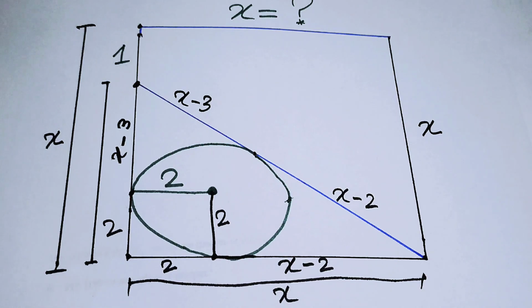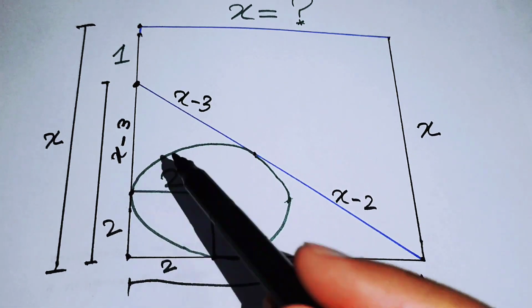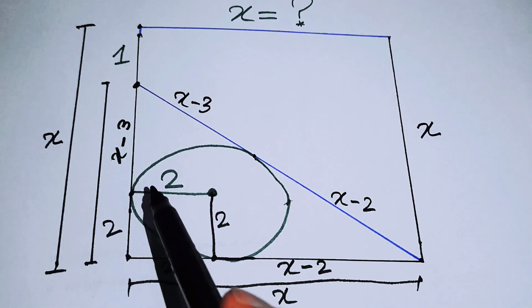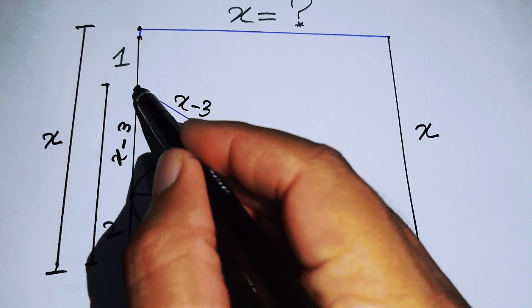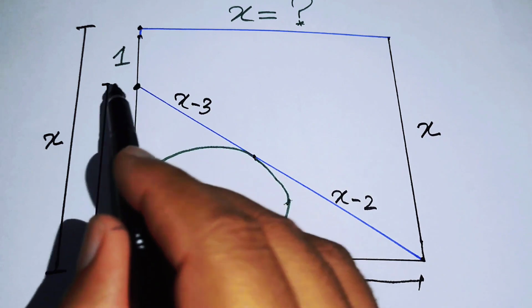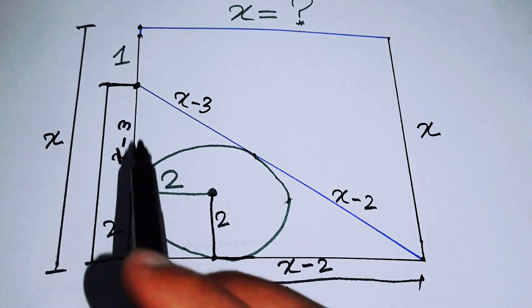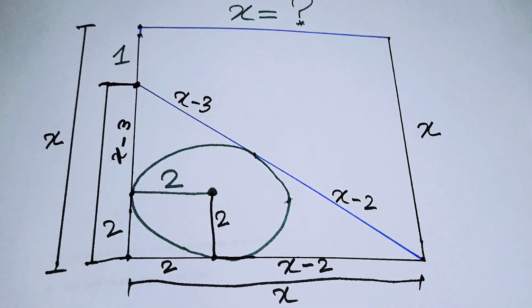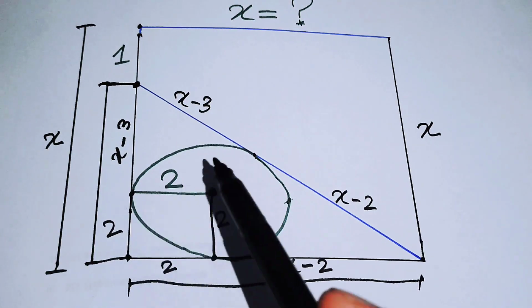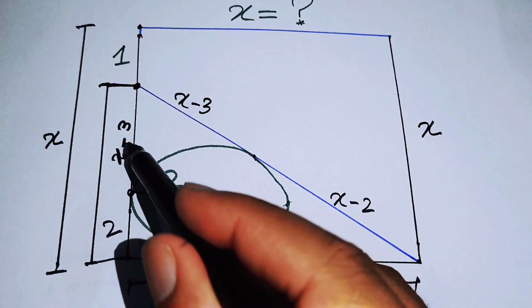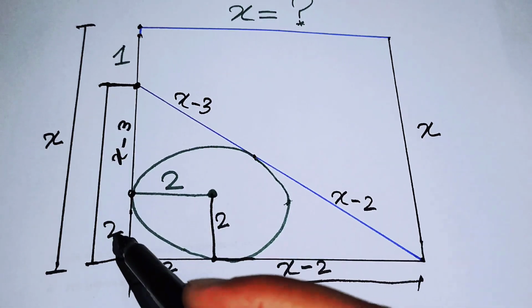Now you can see here we have x minus 3 as the value of this part, and now we can find the value of this line segment, starting from here and ending at here. The value of this line segment is x minus 3 and the value of this line segment is 2.